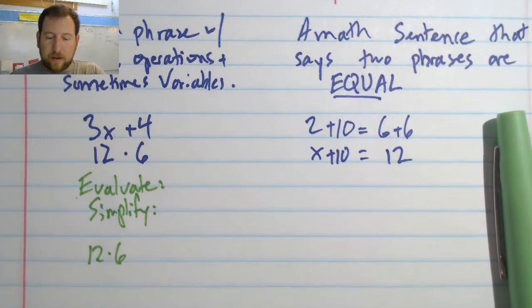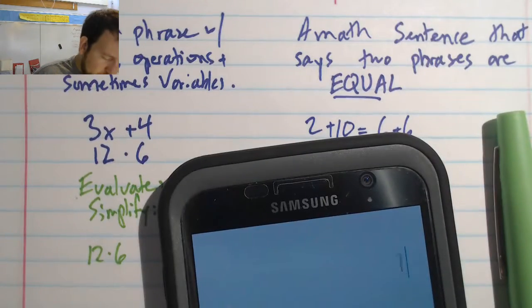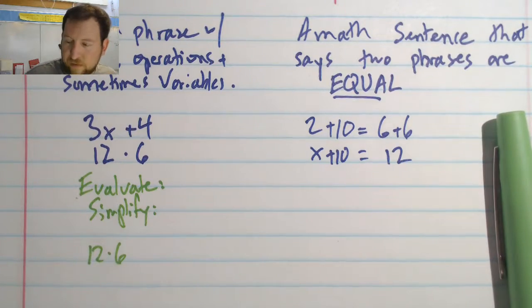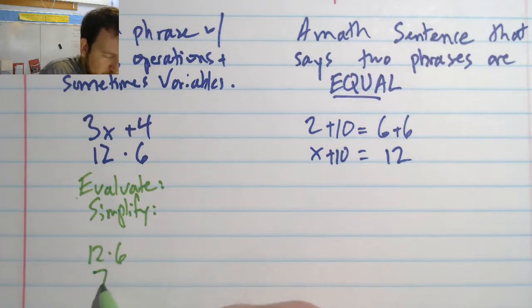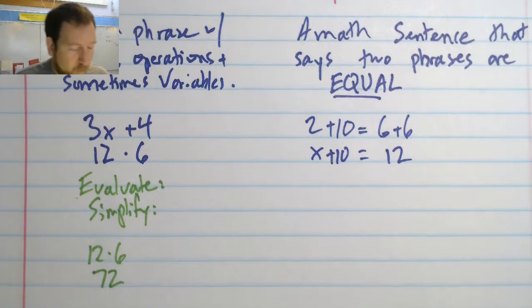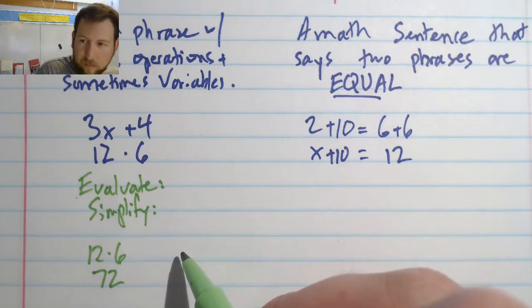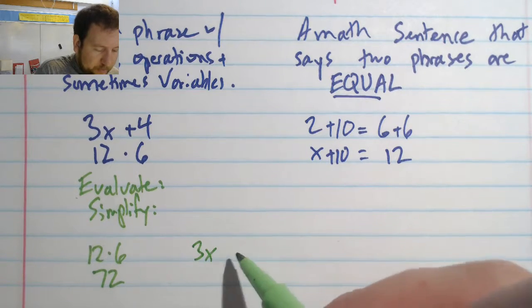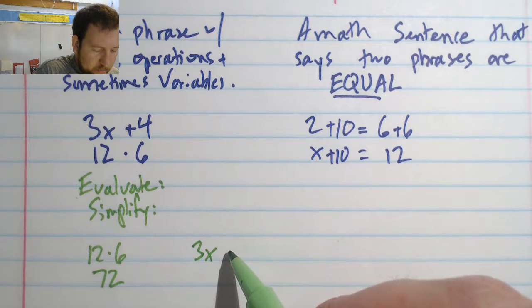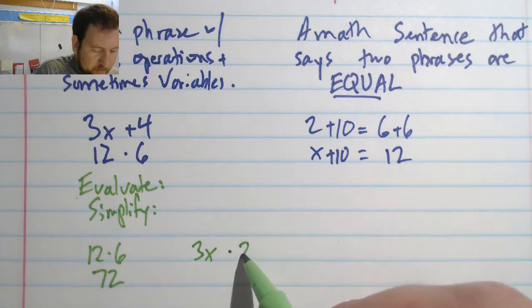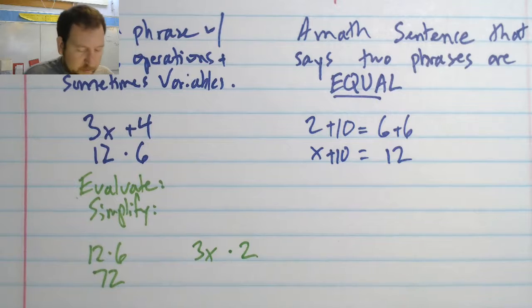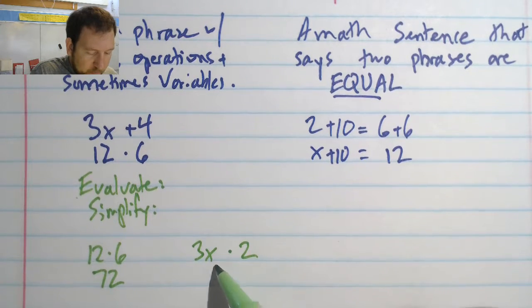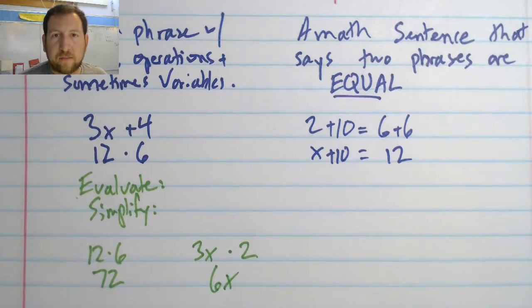Let me get my calculator. Which is 72. I just simplified that. Or if I have 3x times 2, I can simplify that as 6x.